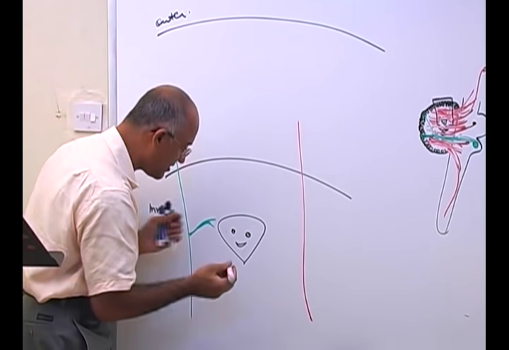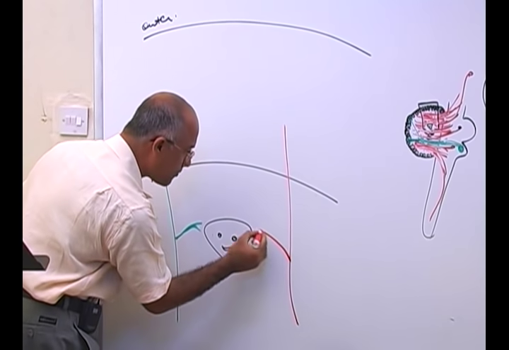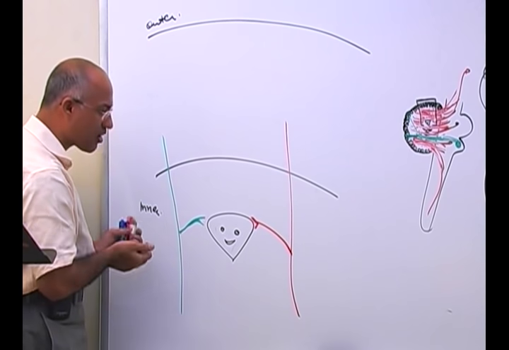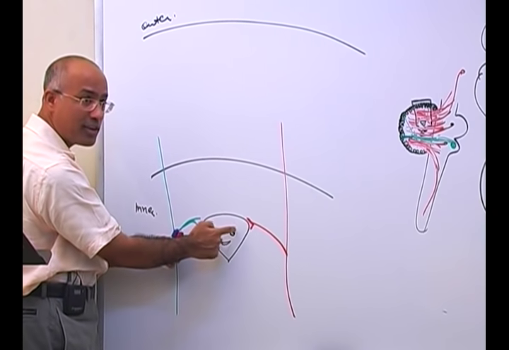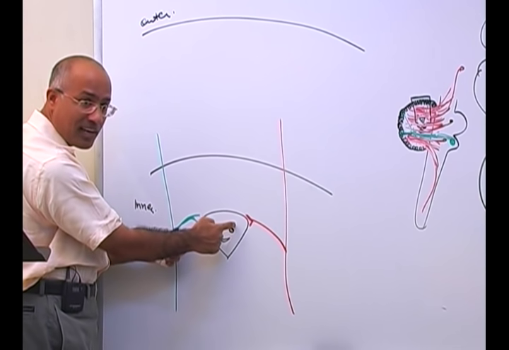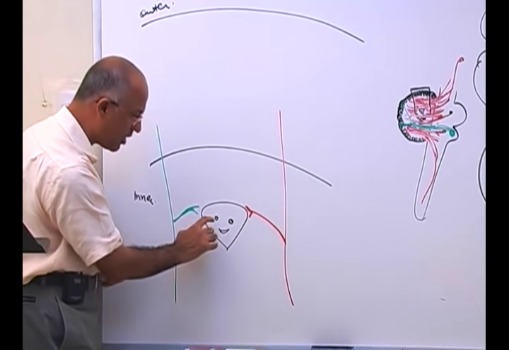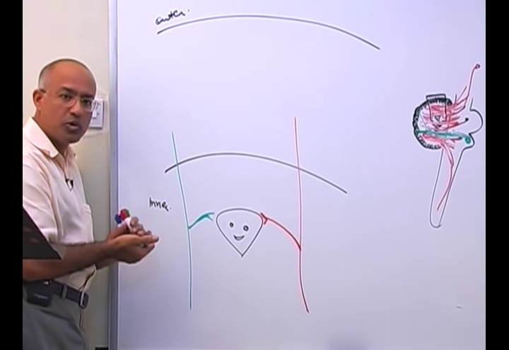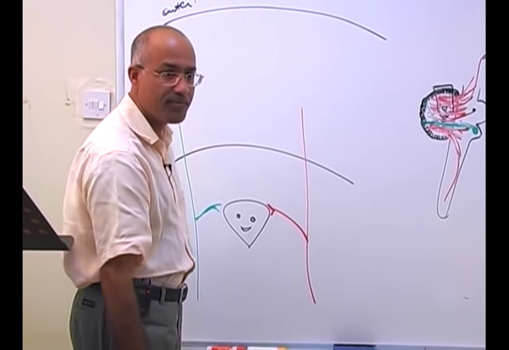All these fibers, climbing or mossy, before they go to the cerebellar cortex, have to say hello to the neurons in the deep nuclei. After this they will go up. Now, I told you all the fibers which enter into the cerebellum are excitatory.